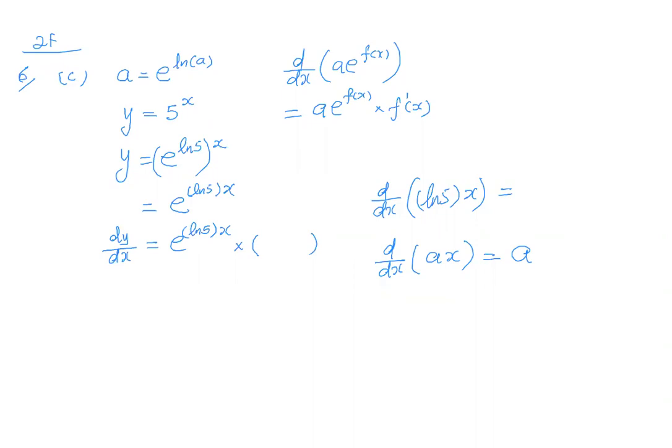You have to see whether there is an x inside the ln or not. Are you clear? So this is ln 5. So you put ln 5 here. So if I want, can I replace this back as this? Can. Is that okay?